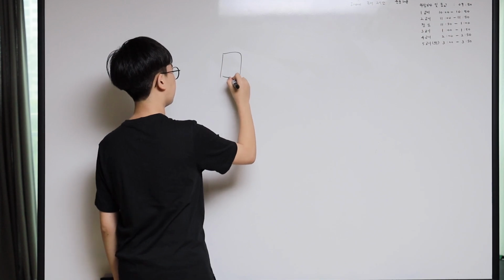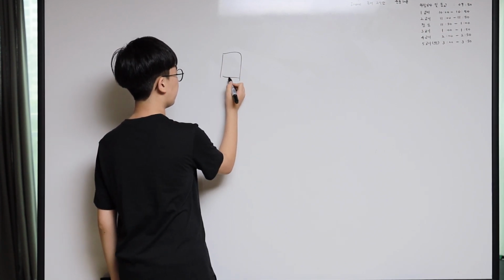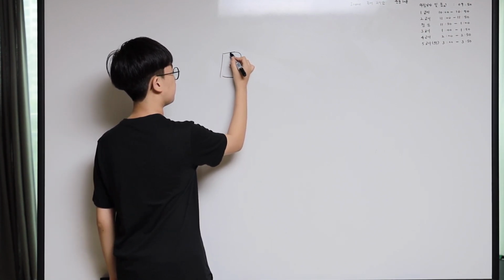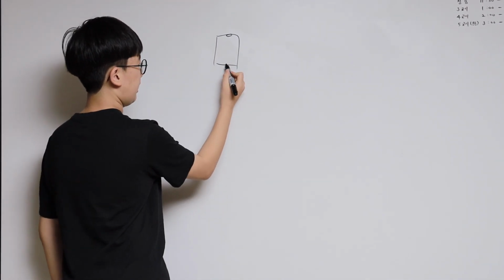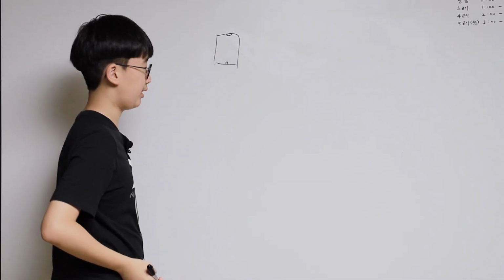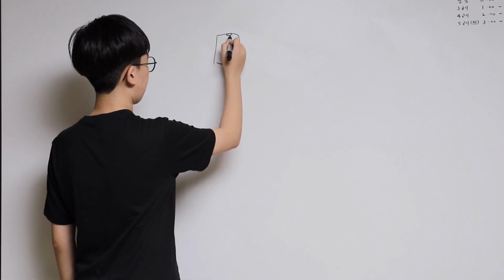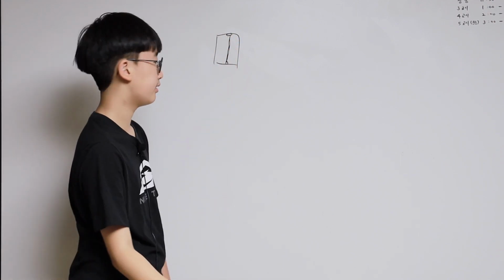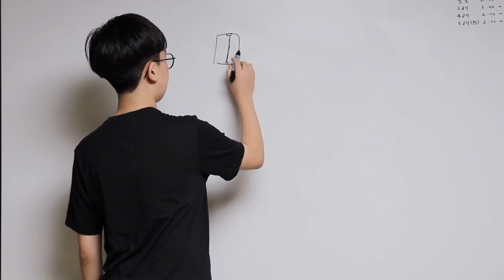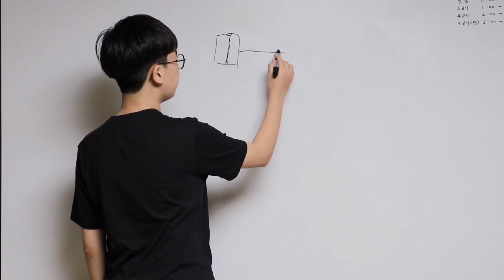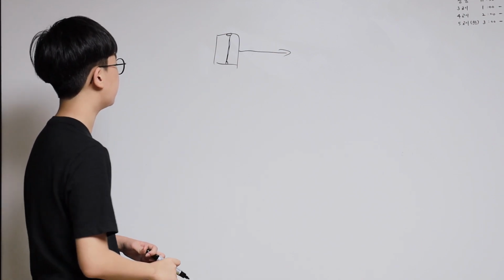In this drawing, there's a box, and this box has a mirror and a laser at the bottom. Now you shoot light from that laser, and it comes back because there's a mirror. And this box moves at very high speed.